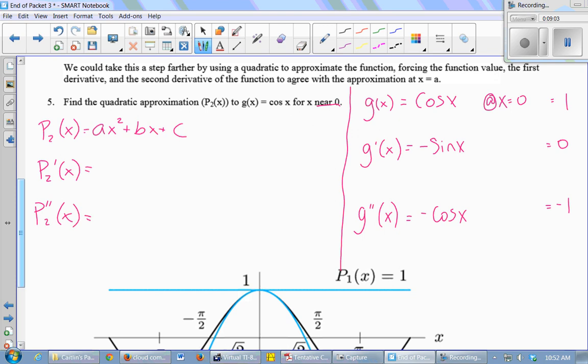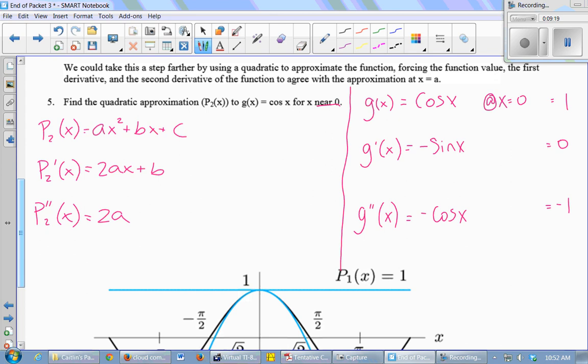All right, what is my derivative, the first derivative of ax squared plus bx plus c? 2ax, yeah, plus b. And then my second derivative would just be 2a, just using the power rule.